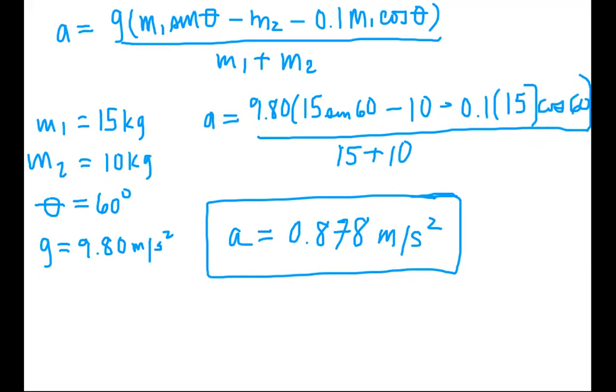Technically, yes, you are correct. The mu would be the 0.1. But because you haven't been taught that, we just gave that to you as a proportion rather than saying mu is 0.1, because then people might get confused and wonder what that is.